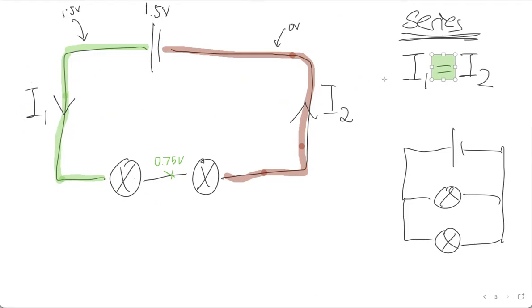So I1 will be the same as I2. Understand so far? But in the parallel circuit, once the current reaches the intersection, some will go one way, the other will go the other way. But the sum of these two paths should be the same as the total current. Clear?